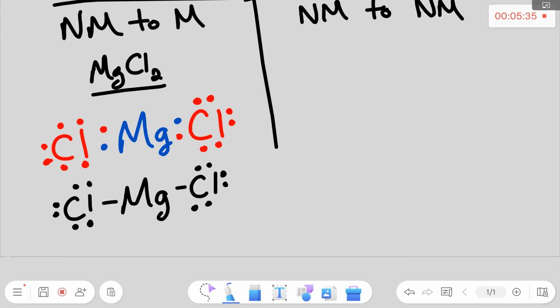This is what students are doing wrong. I'm about to do some bad stuff on the board. Don't write it down. This is what I see. Mr. Williams, magnesium needs to say, now we've got too many electrons. I'm going to start drawing some double bonds in there.